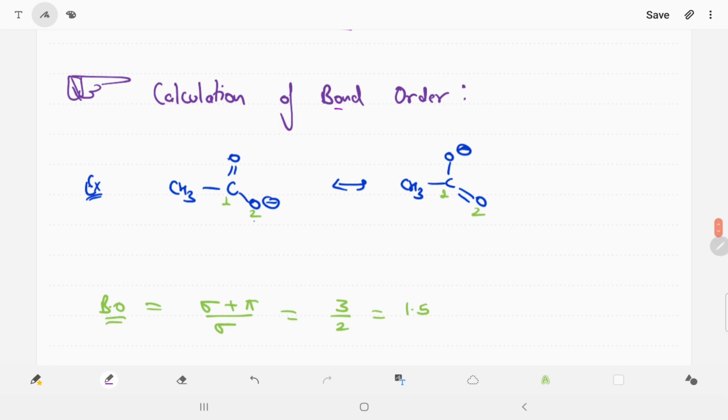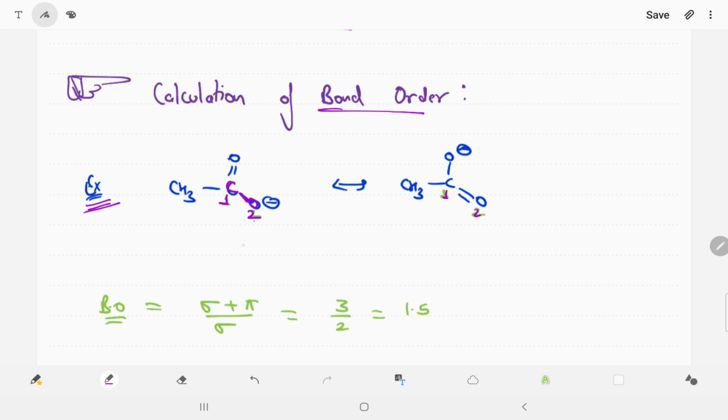Now calculation of bond order. In the resonating structures, we count how many sigma and pi bonds there are between the two atoms, and with the help of this we calculate the bond order. Like this is the carbonate ion, carbon with single bond oxygen. In this, 1 and 2 are single bond lines, and 1 and 2 are double bond lines.